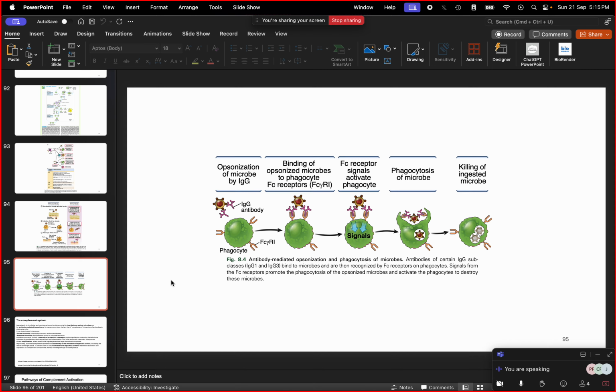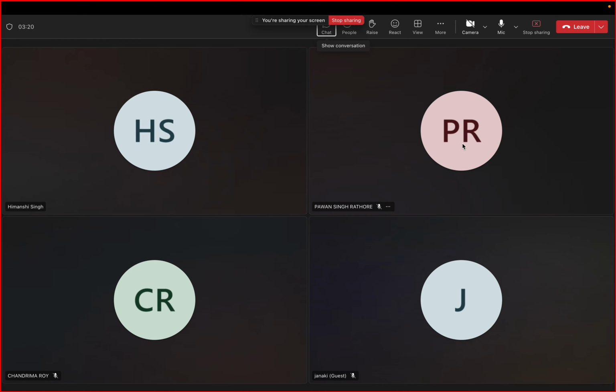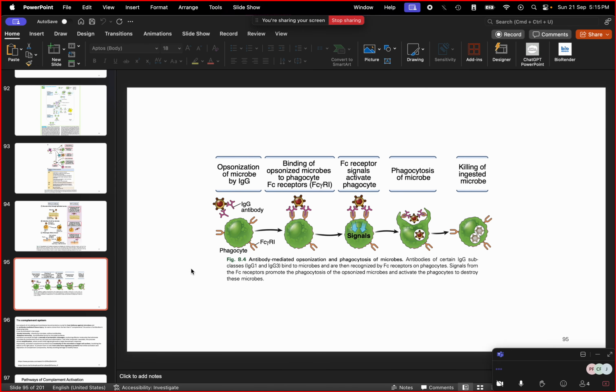So what I can do is maybe in the next class on next Sunday we can have a dedicated slide of IgE specific responses, because there are majorly two ways through which IgE acts. One, by releasing the histamines from the mast cell.